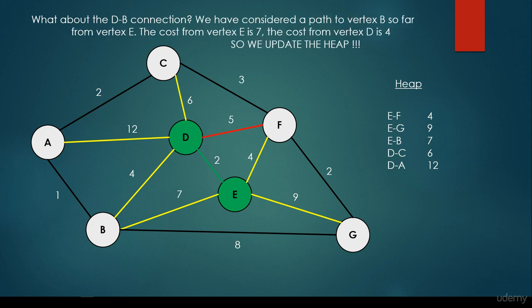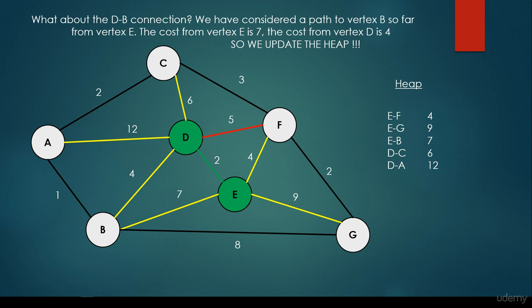What about the D-B connection? We have considered a path to vertex B so far from vertex E. The total cost from vertex E is 7 because the edge weight is 7. But the cost from vertex D to vertex B is 4.